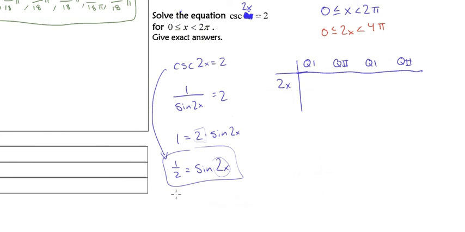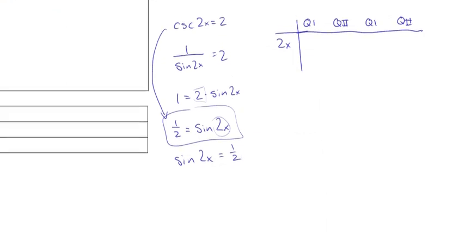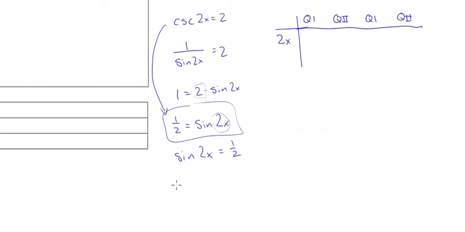So if we have sine of 2x equals 1/2, we're going to take the inverse sine. The inverse sine of 1/2 is equal to 2x. And what is the sine inverse of 1/2? When would you get a result of 1/2?